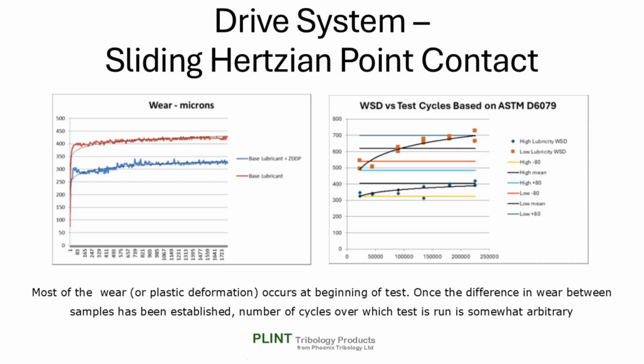ASTM D6079 gives a reproducibility figure of 80 microns as the approximately 95% confidence level. Plotting the average wear scar measurements for tests of different duration indicate that most of the measurements fall within the reproducibility limit, indicating that once the initial wear has taken place, further cycles result in very limited additional wear.